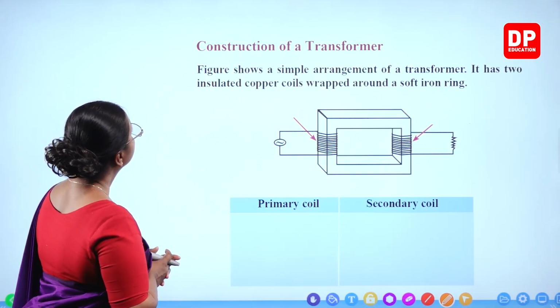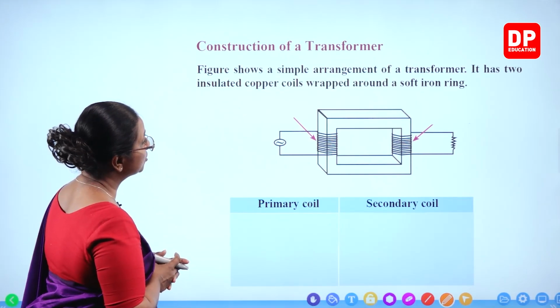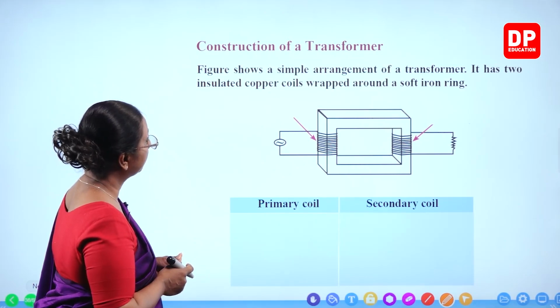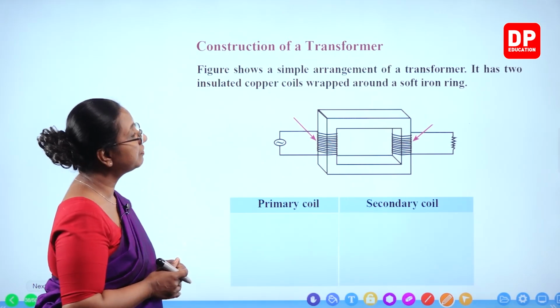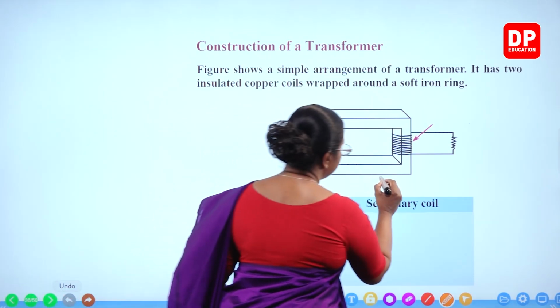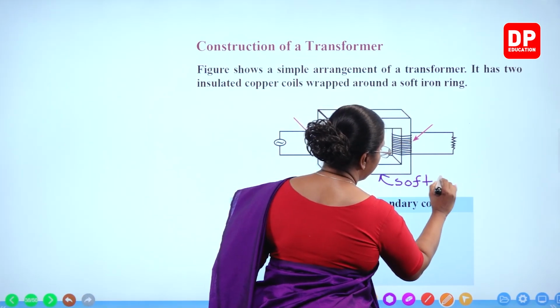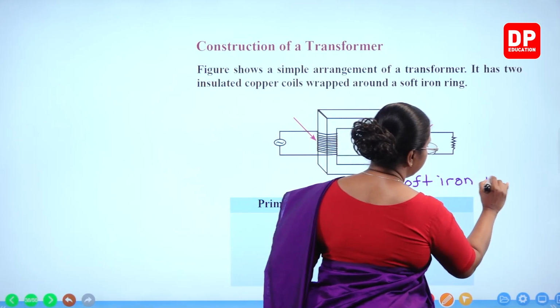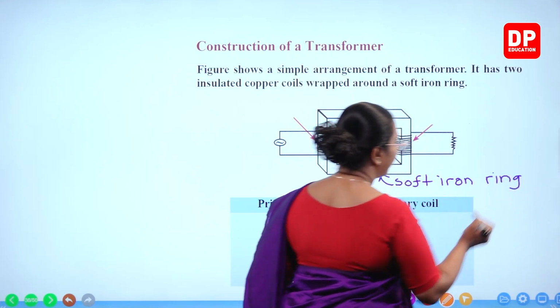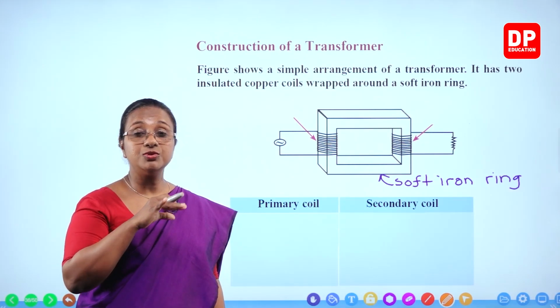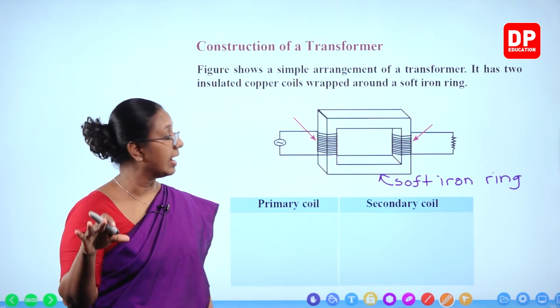Now here, the figure shows a simple arrangement of a transformer. It has 2 insulated copper coils wrapped around a soft iron ring. So here you can see, students, this is a soft iron ring, or you can call it a soft iron core. In the first activity, we used a bundle of soft iron wires.